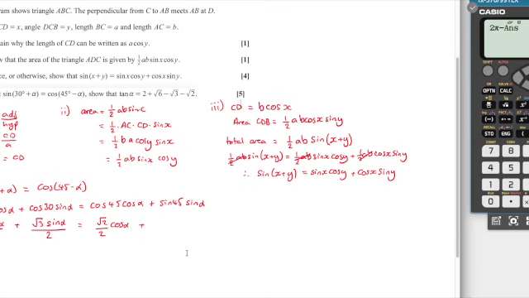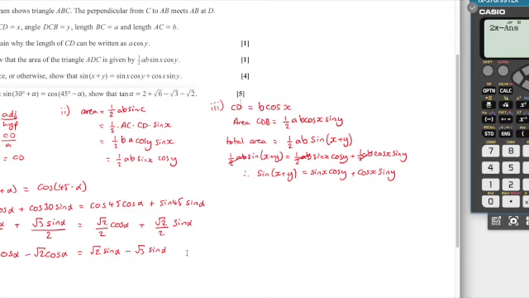Then we're going to have, same again, root 2 over 2. I can multiply the whole thing by 2, bring the cos stuff over, so I've got cos alpha minus root 2 cos alpha is equal to, same on this side, root 2 sine alpha minus root 3 sine alpha.